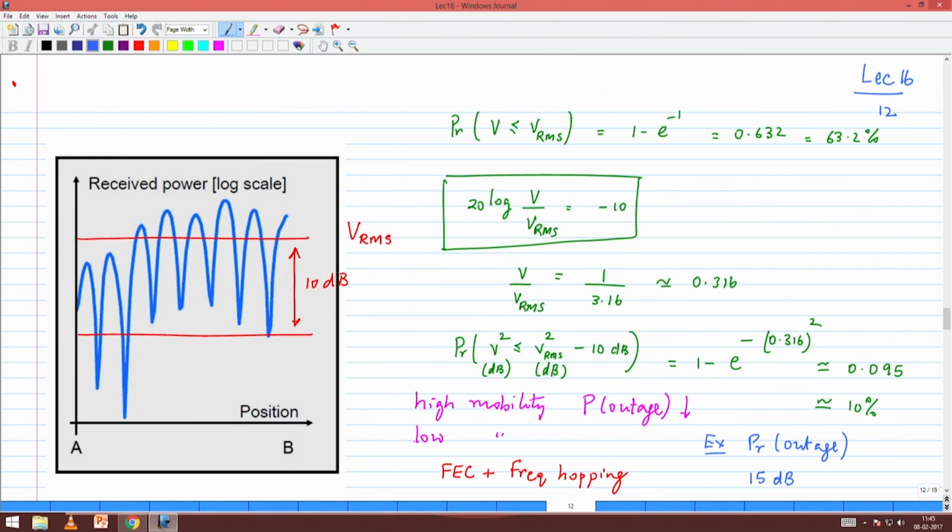That is, I have 15 dB margin for fast fading. Obviously it should be somewhere between 1% and 10%. Please verify that this comes out to be something very close to 3%. And again, you can see that the CDF has played a good role for us to understand the various elements of what we want to study in terms of the effects of fast fading.